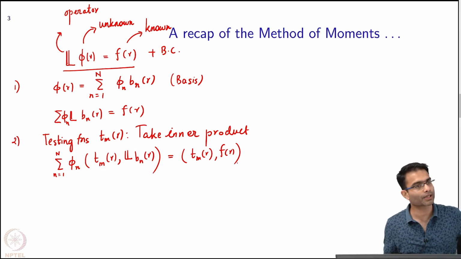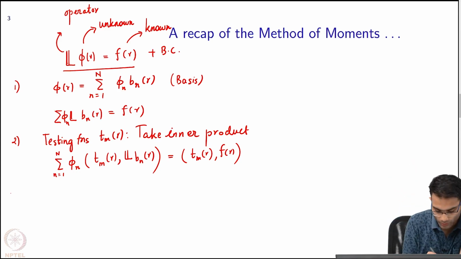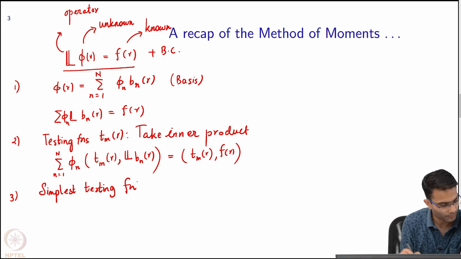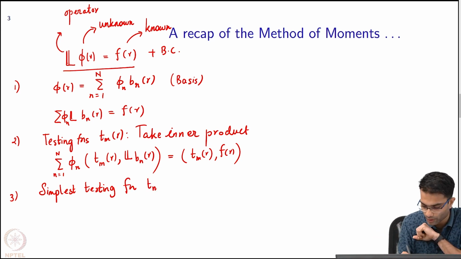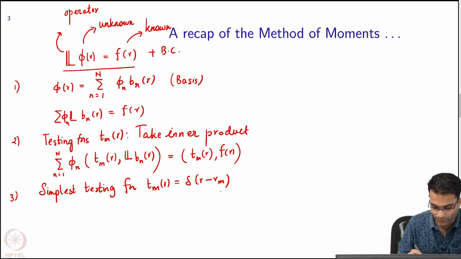Then what was the simplest kind of testing function that we considered? Delta, right. So, then if we take the simplest testing function, that is T m of r is equal to delta of r minus r m, that is how I wrote it, right. So, this inner product and all of this stuff, what does it boil down to?